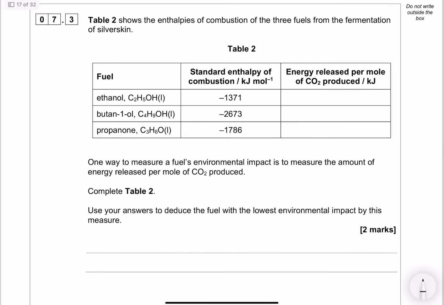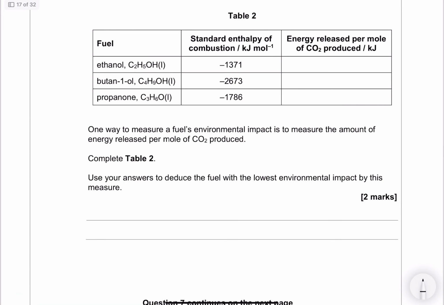Table 2 shows the enthalpy of combustions of 3 fuels from the fermentation of silver skin. One way to measure a fuel's environmental impact is to measure the amount of energy released per mole of CO2 produced. Complete Table 2. Use your answers to deduce the fuel with the lowest environmental impact by this measure. So if ethanol has 2 C's, then the value for ethanol would be split between 2 carbon dioxides. It says released here, so we don't need the minus sign anymore.